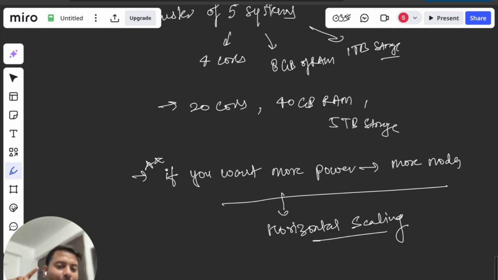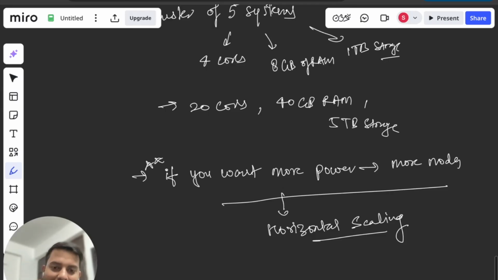Remember, in monolithic we thought that if we increase the resources, performance will increase, but it doesn't happen. That was vertical scaling. Here, if we want more power, we add more nodes, and it works. That concept is horizontal scaling. The best part is that doubling the resources doubles the performance.